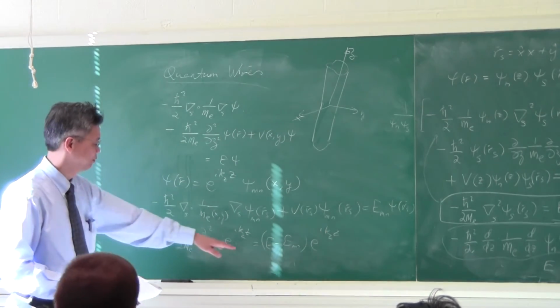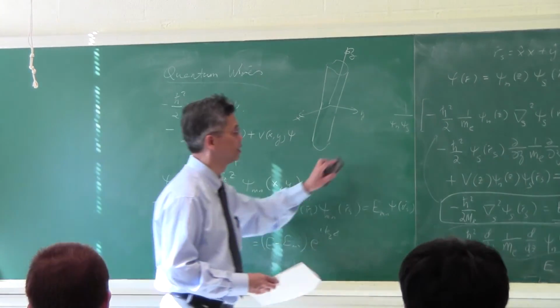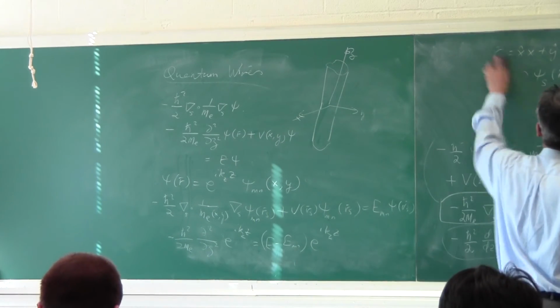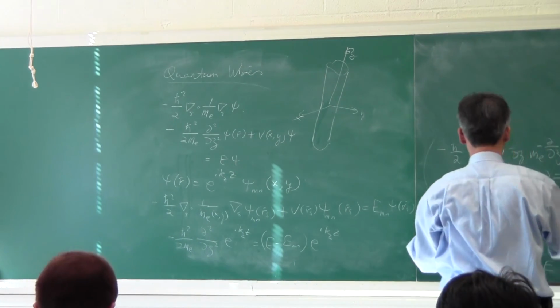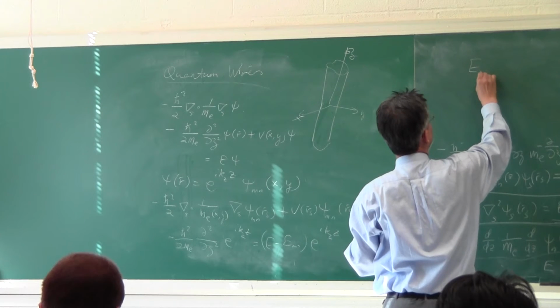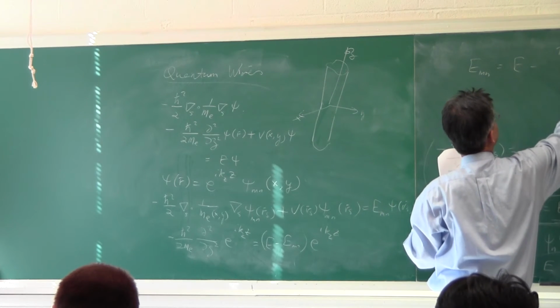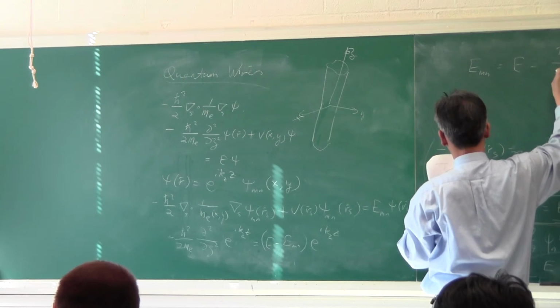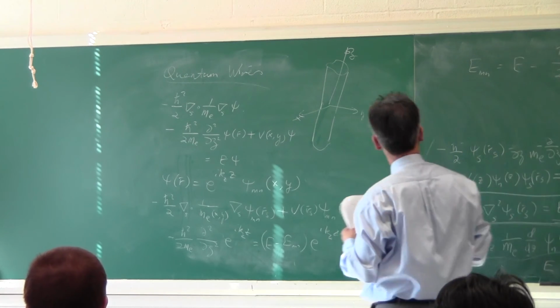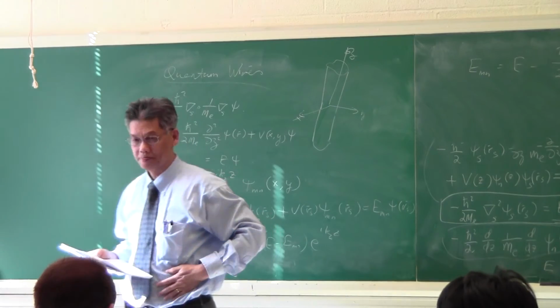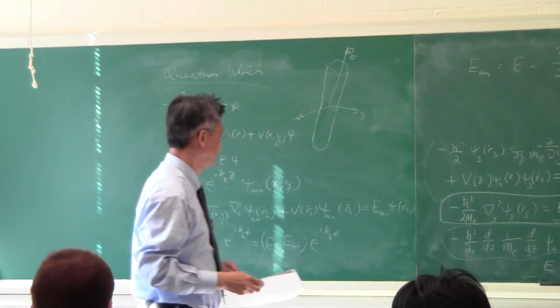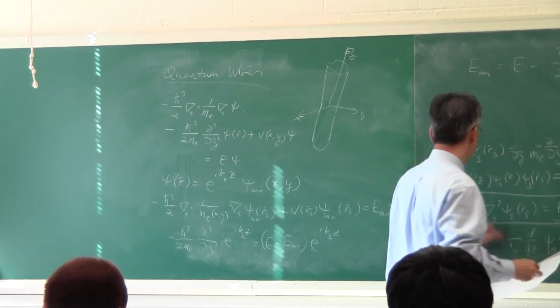And then you can figure out what this should be, and you figure out that E has to be something of this form. Emn must equal to E minus h bar squared kz squared over 2m. Okay? So then you figure out the density of states for this thing.